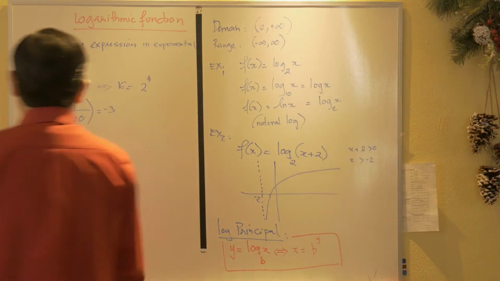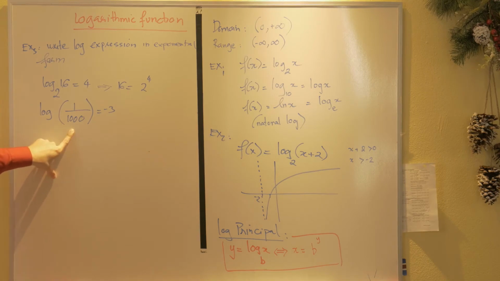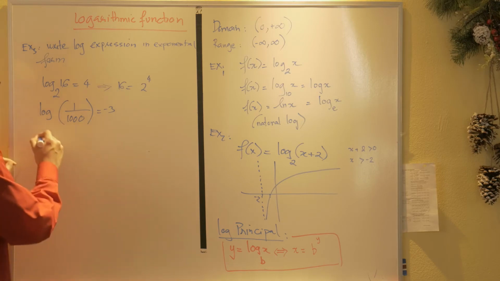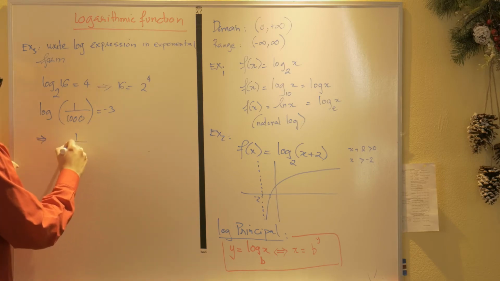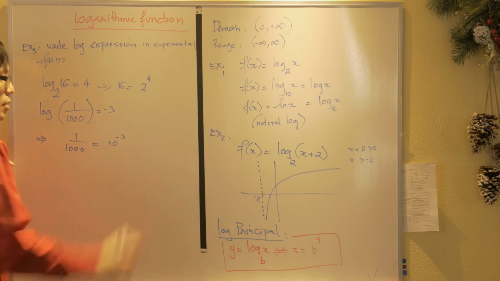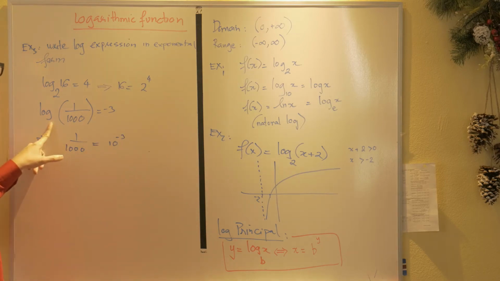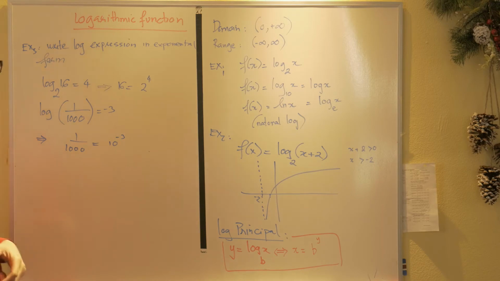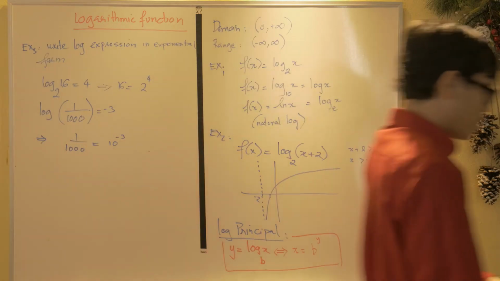So I have 1 over 1000, and I know the b is 10. How am I going to write it? x is 1 over 1000, so this implies 1 over 1000 equals 10 to the negative 3. The base b, kick it up and raise it to the negative 3 power. Very easy, huh?